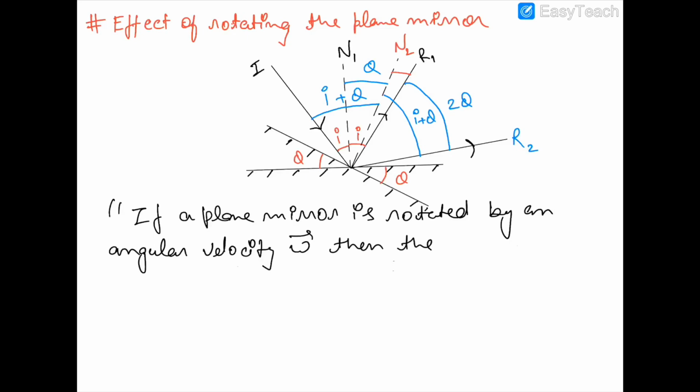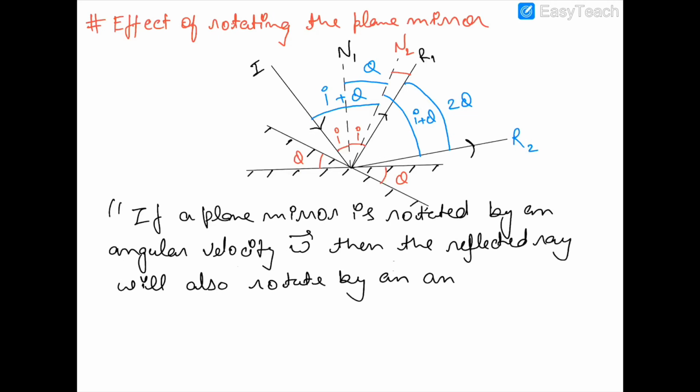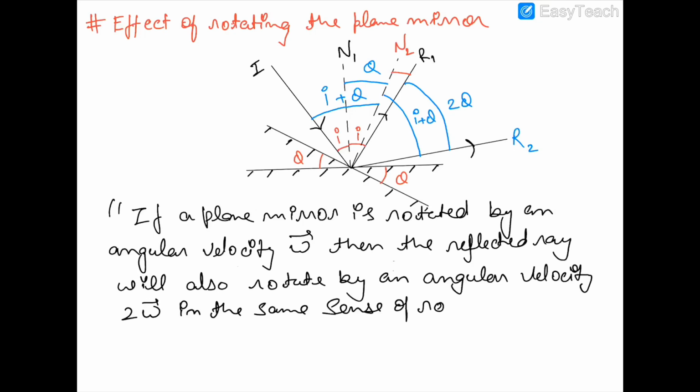then the reflected ray will also rotate by an angular velocity 2 omega in the same sense of rotation.